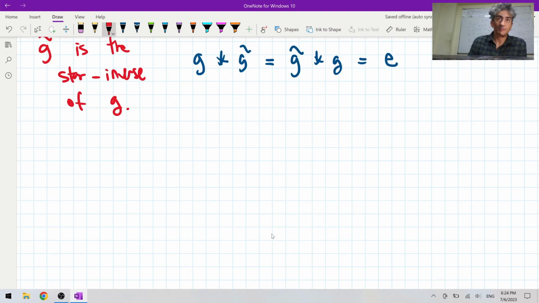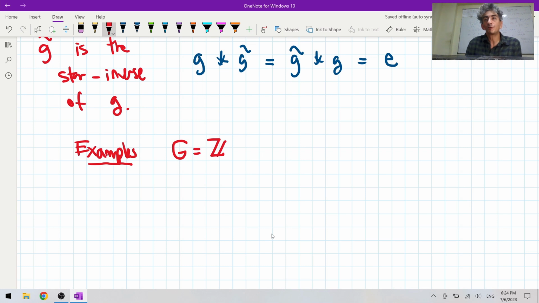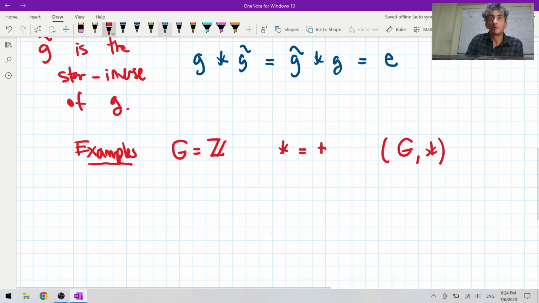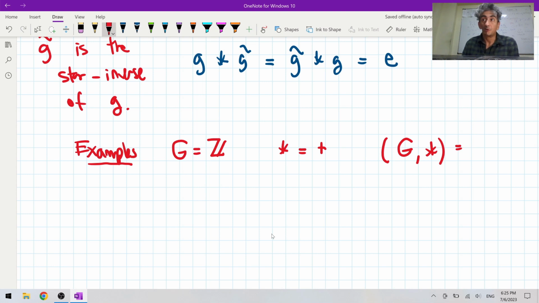Examples. The first example we're going to show is the integers and the star operation simply takes addition. We are going to say that the tuple (G, star) is the way we are going to denote groups.